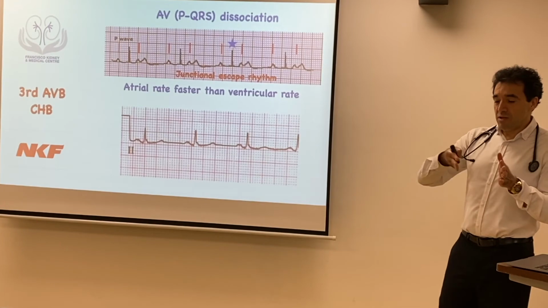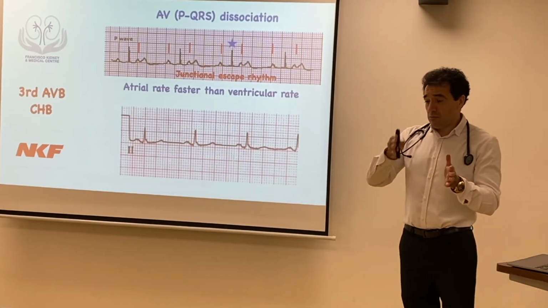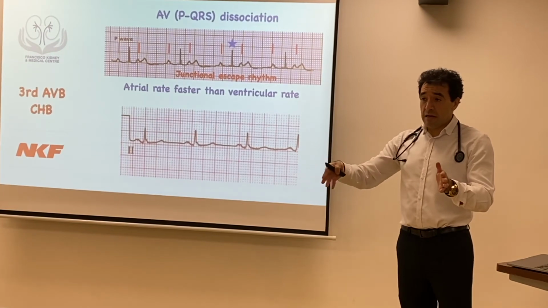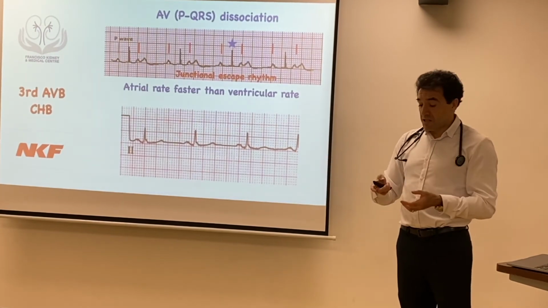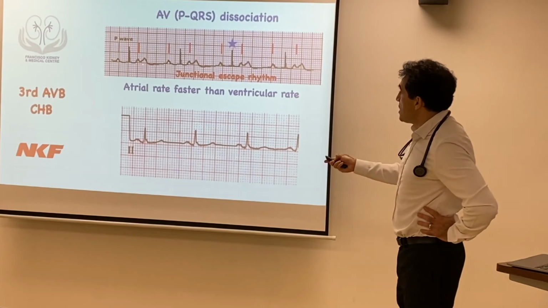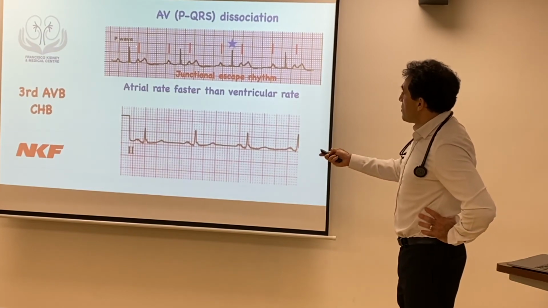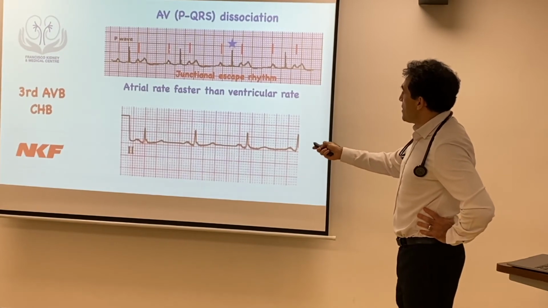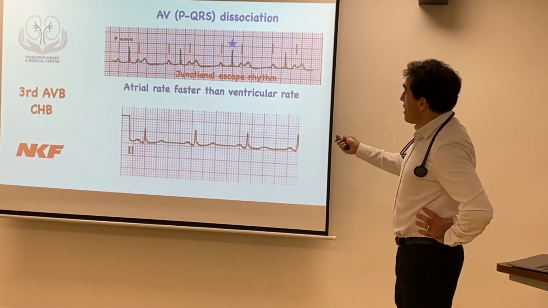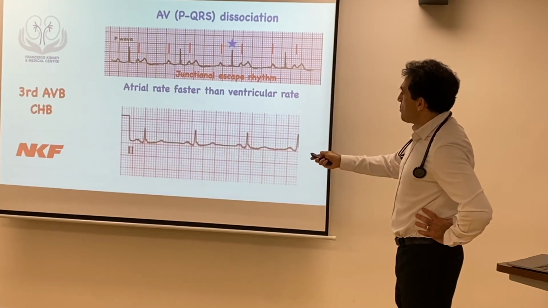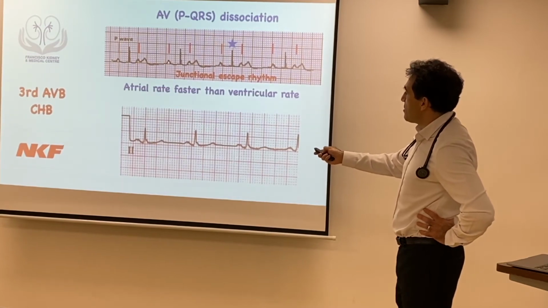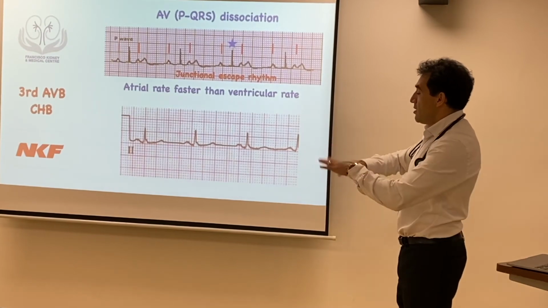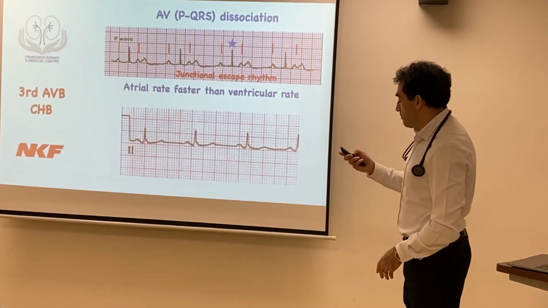The atrium starts contracting on its own, and the ventricles also on their own, and at different rates. As you can see, this line indicates the P wave. There's a P wave, P wave, P wave, P wave, P wave. But there is only a QRS at a different rate, and there is no relationship. For example, this P wave here, there's no QRS there. This P wave, and there's a QRS here. So they are acting separately.